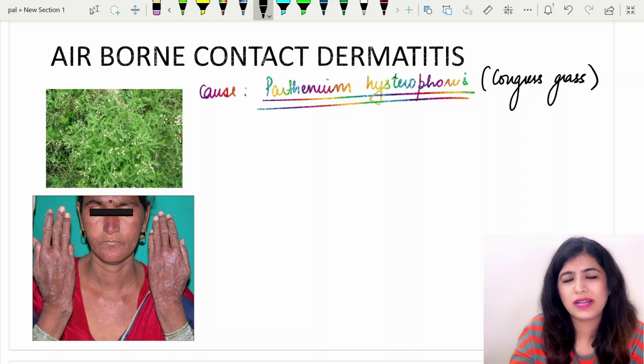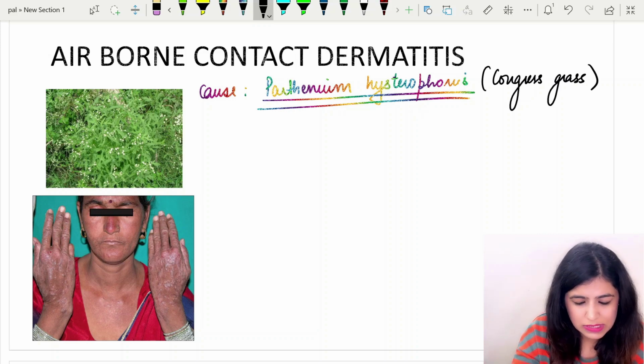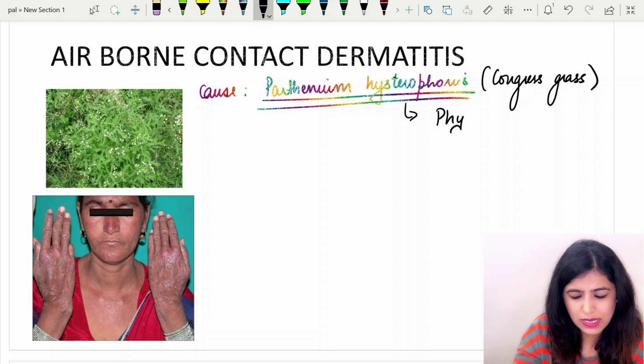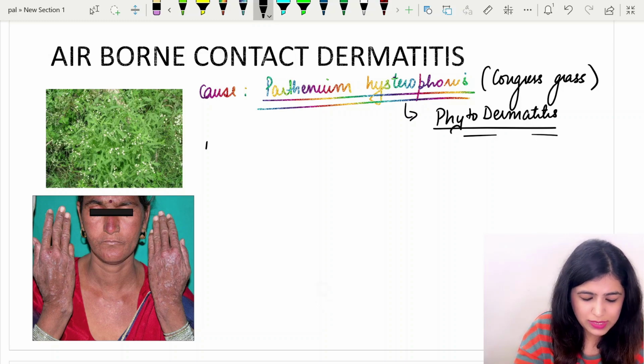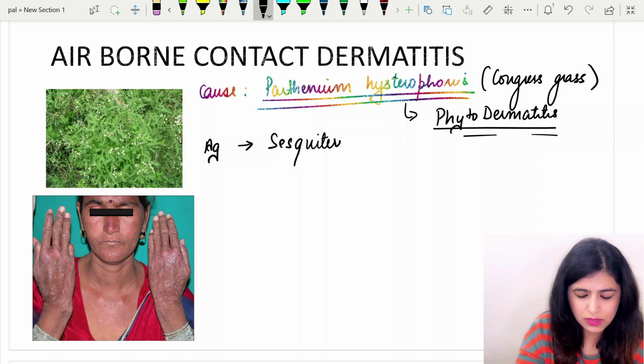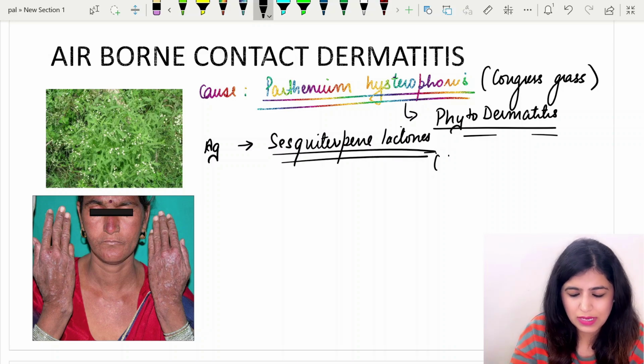Since this is a plant, the dermatitis that happens because of this is also called phytodermatitis. What is the antigen or the allergen in this plant? It is called sesquiterpene lactone, present in the resin of the plant.